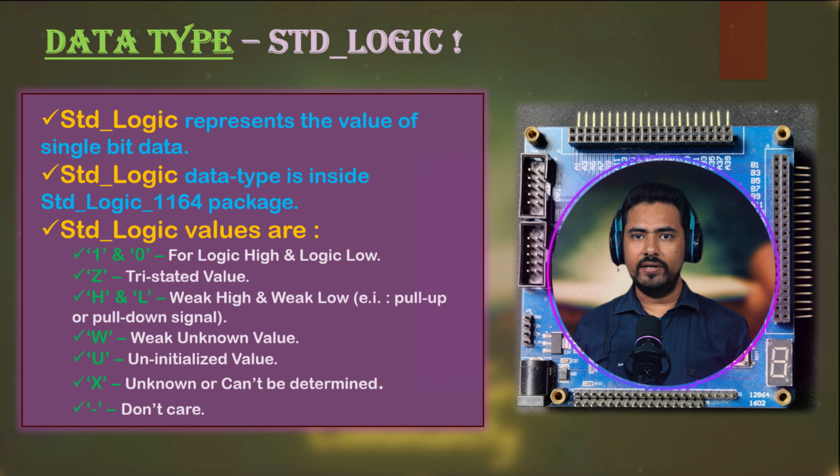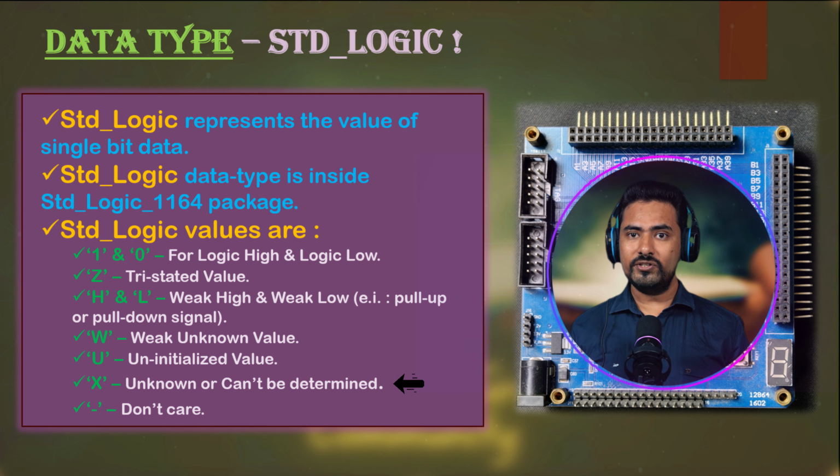Similarly, W represents a weakly driving signal with an unknown value. This can occur during simulations if the signal's true strength is unclear. The U state signifies an uninitialized value, which is a reminder to properly initialize your signals in your FPGA code.